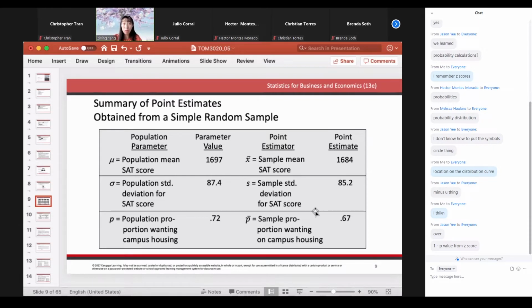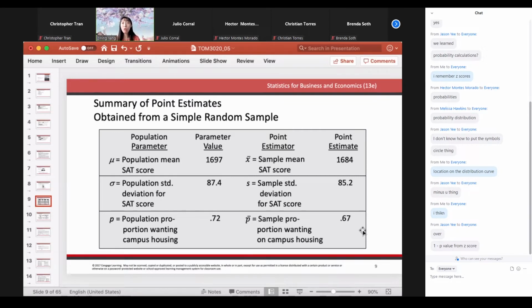Some difference we observe. Similarly, for standard deviation, population standard deviation is 87.4, while the sample standard deviation is 85.2. And then finally, for the binary variable, the proportion for population is 0.72, and the proportion for sample is 0.67.